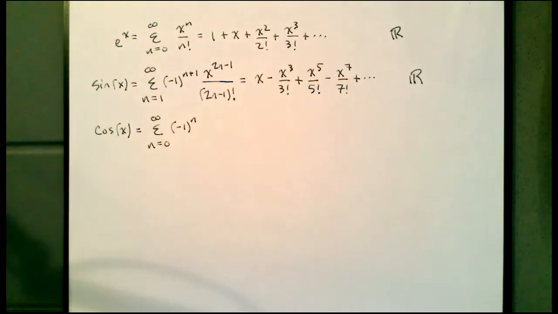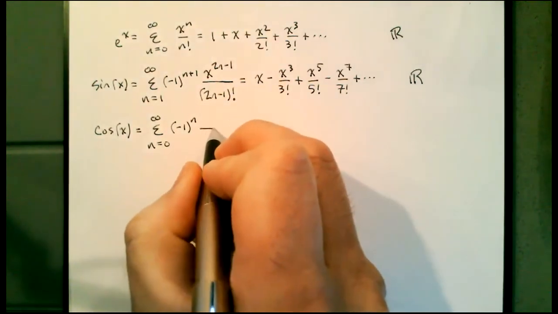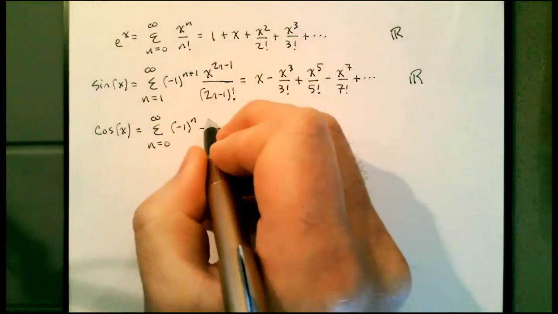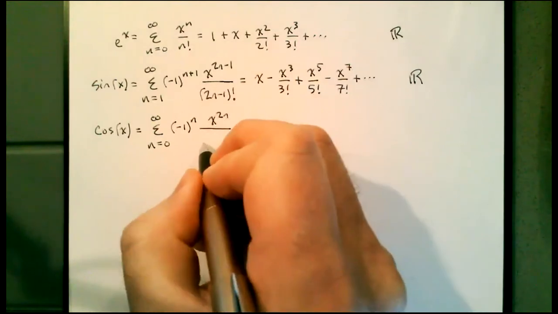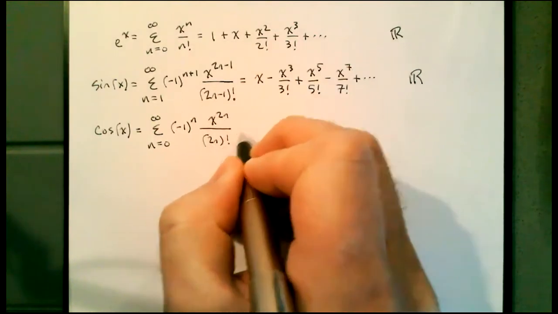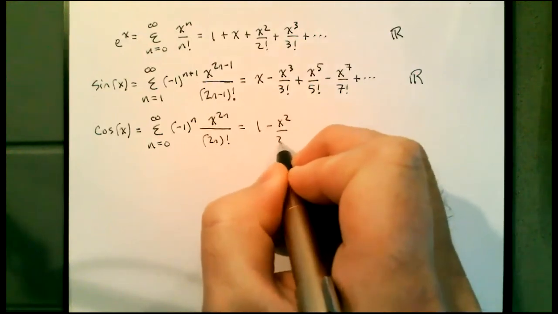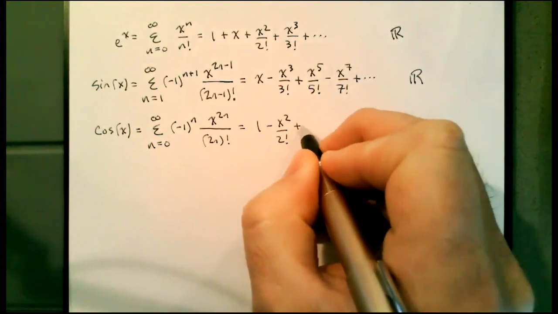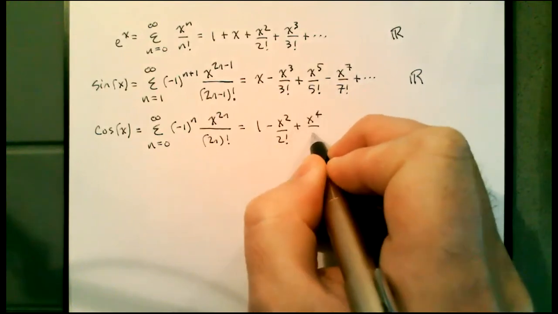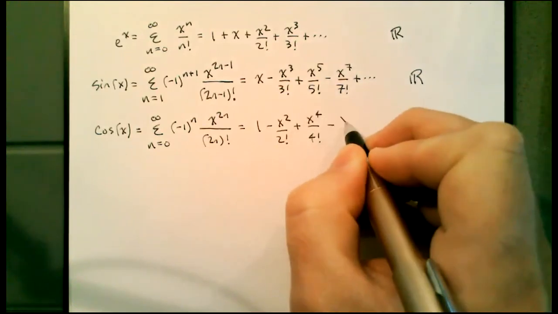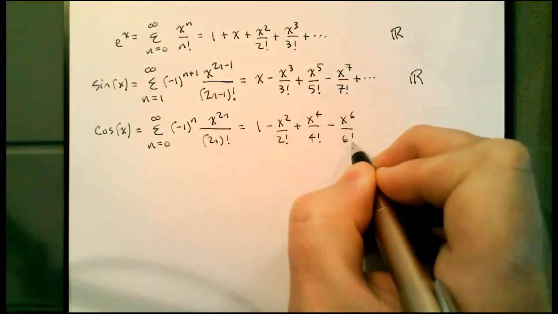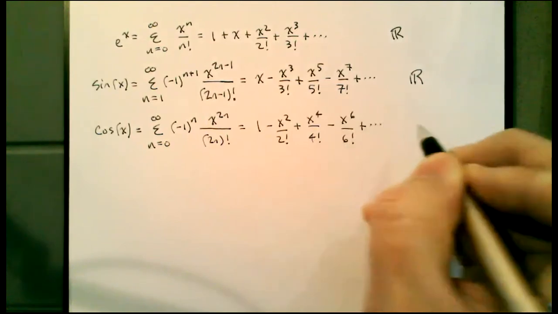So it starts off with a positive 1. Just take the derivative of this term, and we'll get x to the 2n over 2n factorial. So we'll have 1 minus x squared over 2 factorial plus x to the 4th over 4 factorial minus x to the 6th over 6 factorial, and so on.